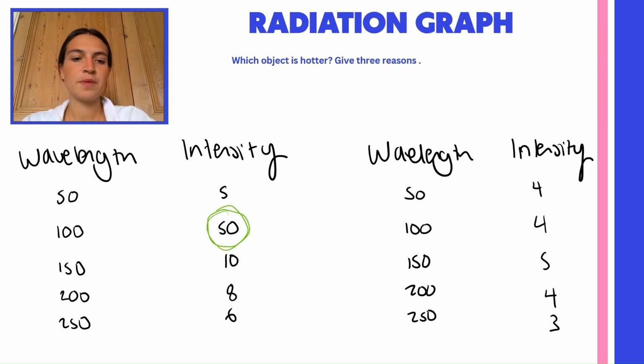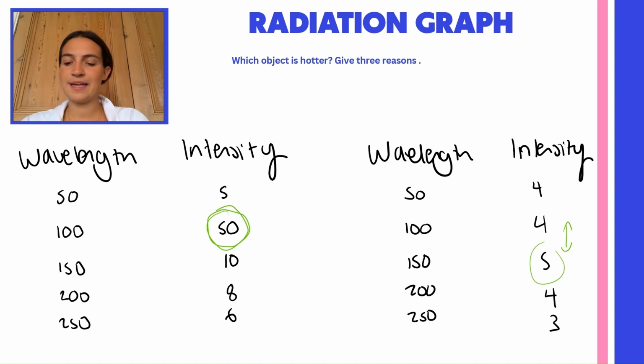I can see my left-hand object here at a wavelength of 100 has the intensity of its peak wavelength, 50, that's the largest of all the intensities for that object. On my right-hand side, the largest intensity is this 5 here, and that happens at a wavelength of 150 nanometers. So that's my first clue to say that the object on the left-hand side is hotter.